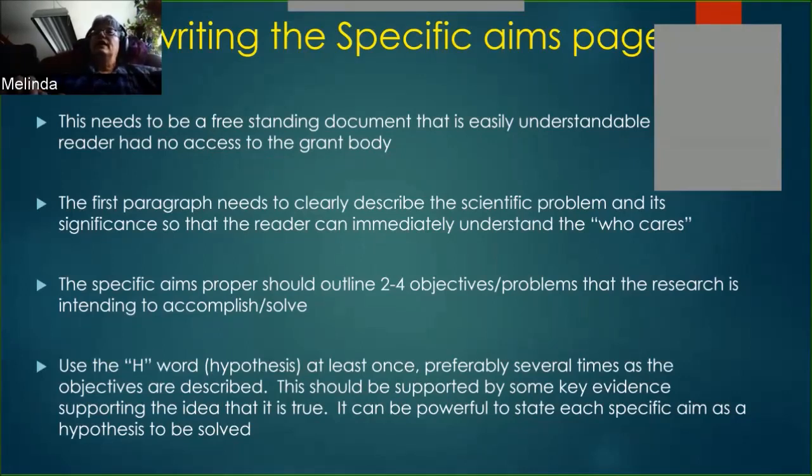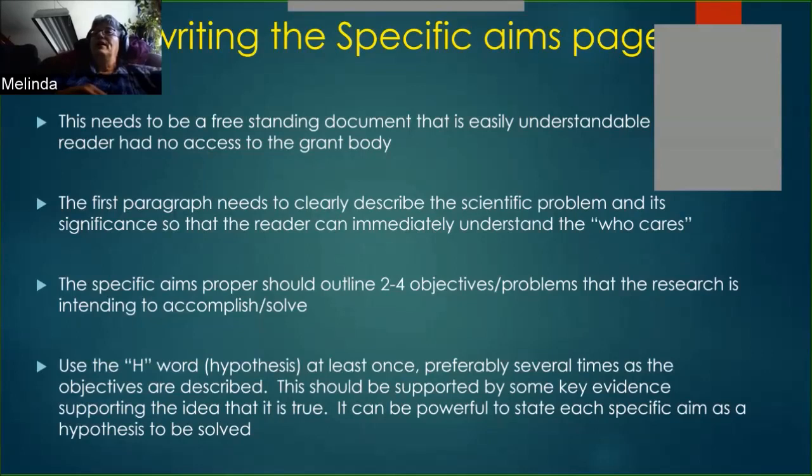Assume the reader of a specific aims page has no access to the grant body. Now, the first paragraph I usually recommend is clearly describing the scientific problem and its significance so that the reader can completely and immediately understand who cares. Your description you gave me was very, very good. I don't do anything related to what you do, but I can understand why I should care about you doing this.